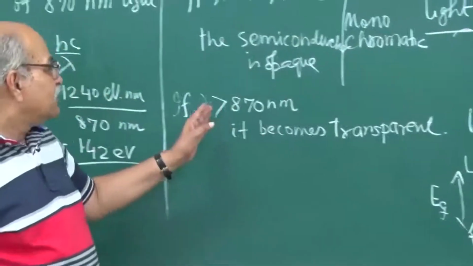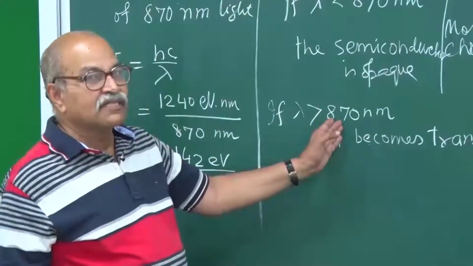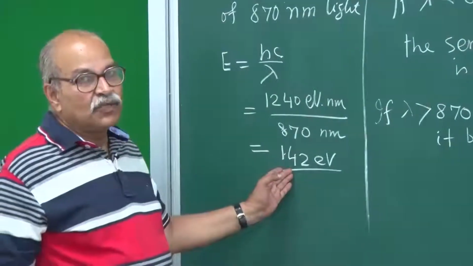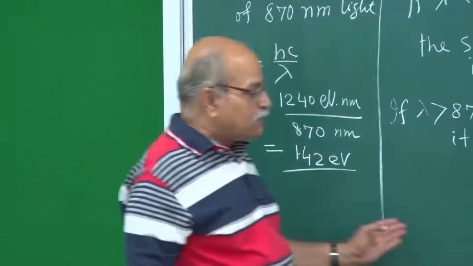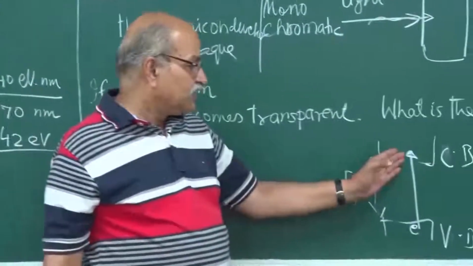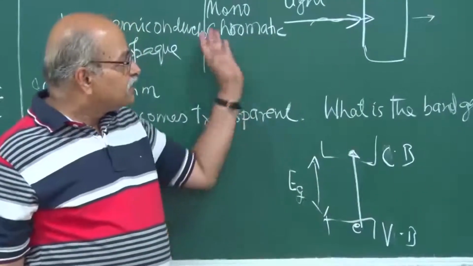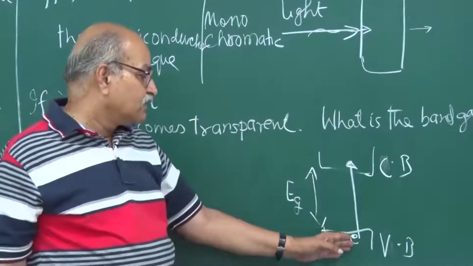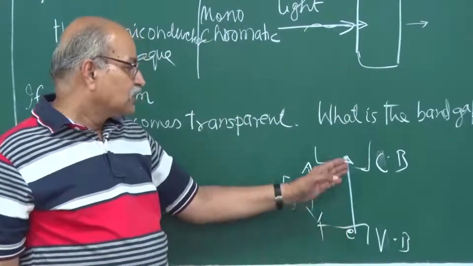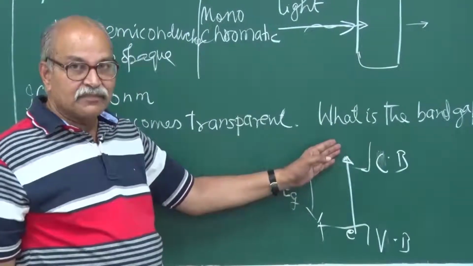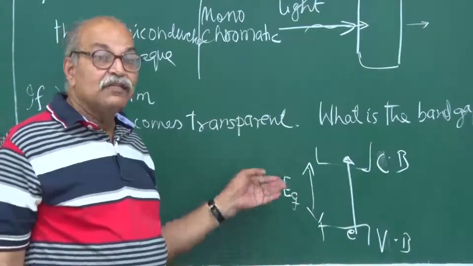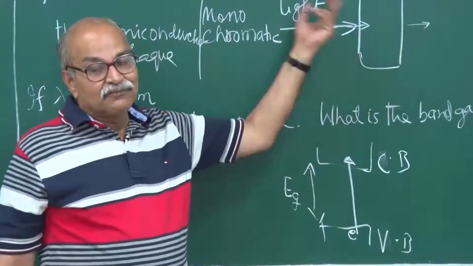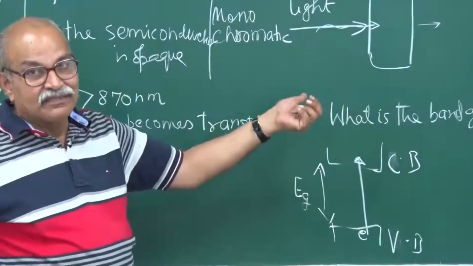But if lambda is more than 870 nanometers, the photon energy will be less than 1.42 eV. So if the band gap is 1.42 eV and the photon energy is less than 1.42 eV, that photon cannot take this electron onto the conduction band, and therefore this photon will not be absorbed and will be transmitted through, and this will be transparent.